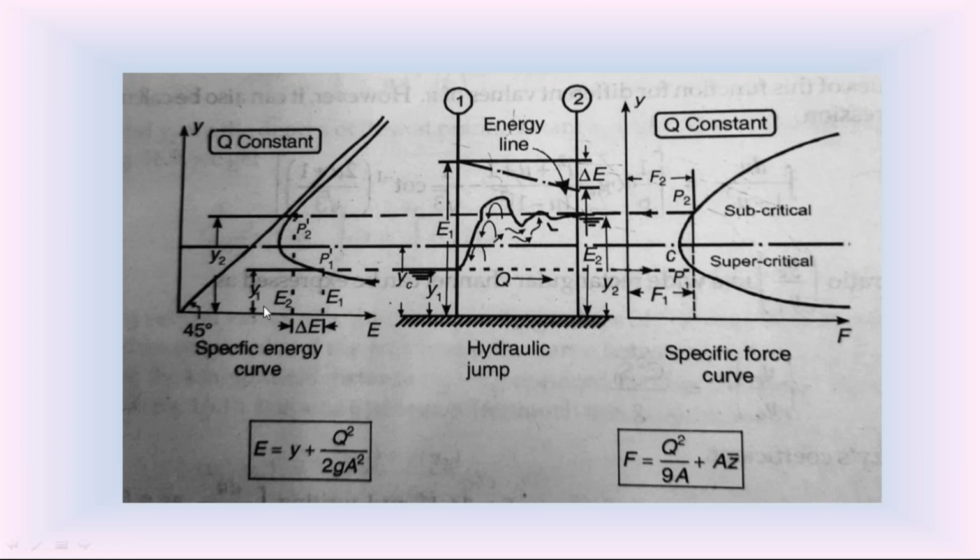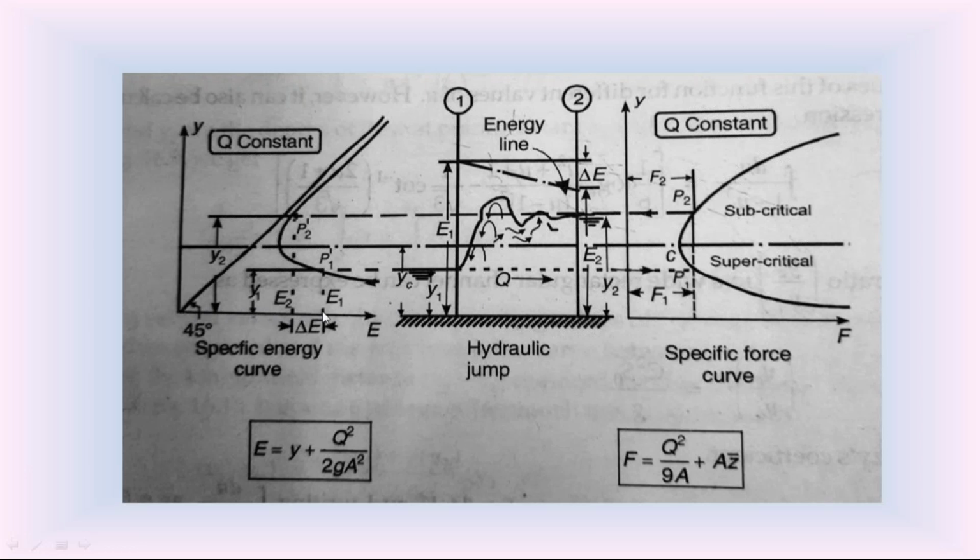Whereas at depth y1, this is the specific energy E1. So check this diagram carefully. At section 1, E1 is the specific energy. At section 2, E2 is the specific energy. Check these two values.